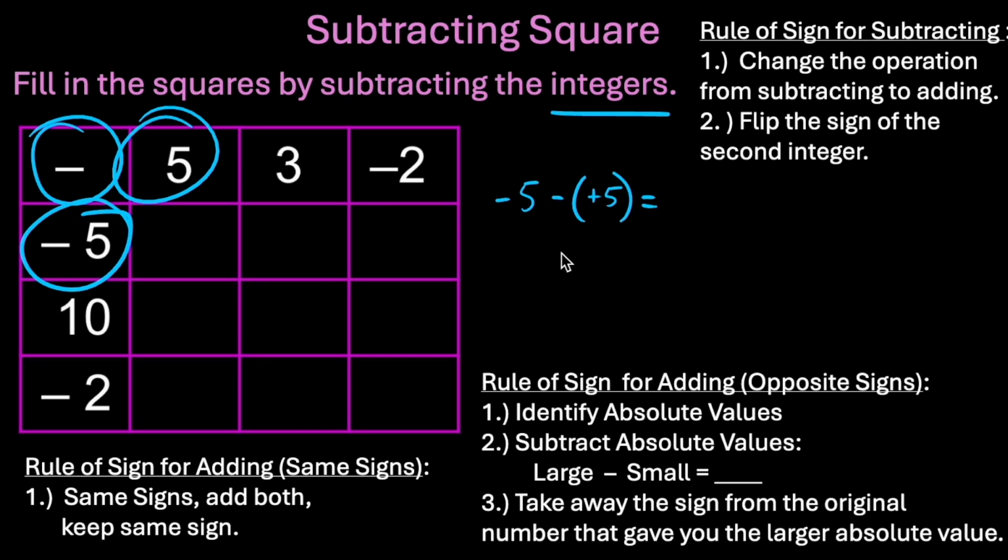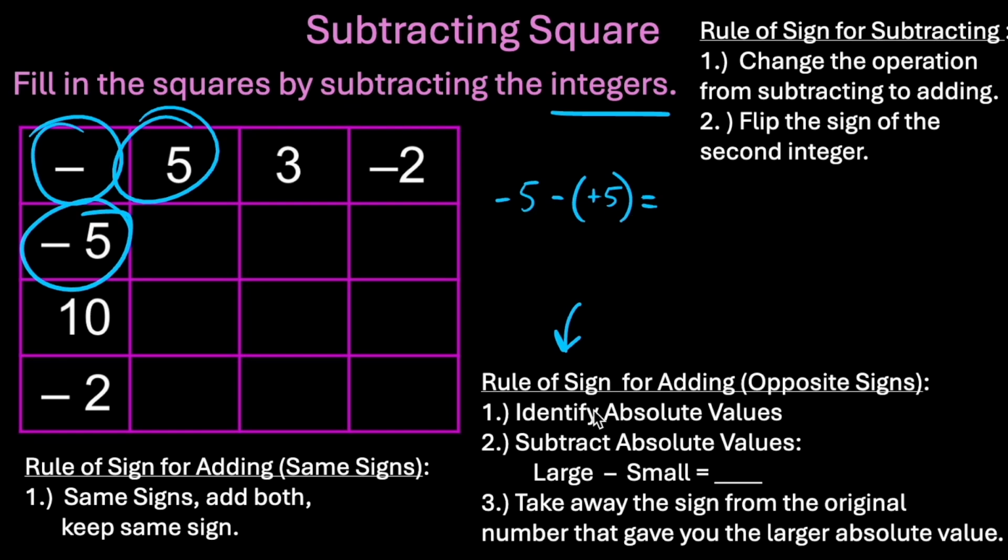All right, so we are subtracting two numbers with opposite signs. It's easier if we change this to an adding problem, so that we can use the rule of sign for adding. But we don't have a problem with the same sign, we have a problem with opposite signs.